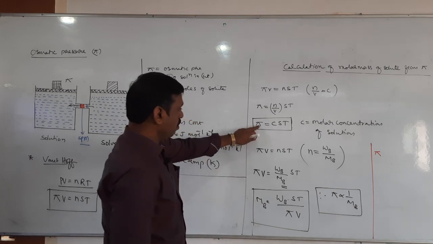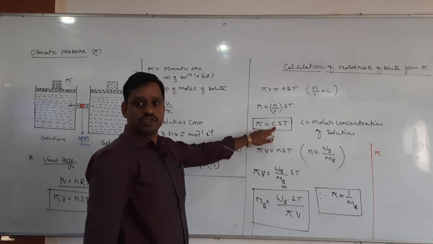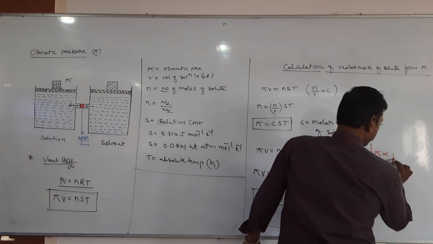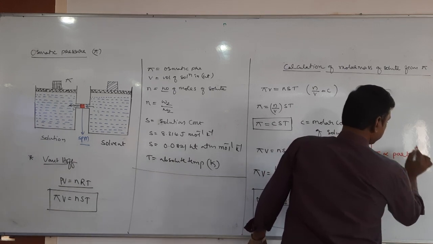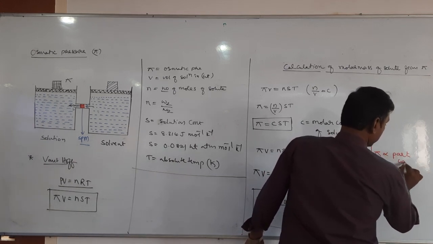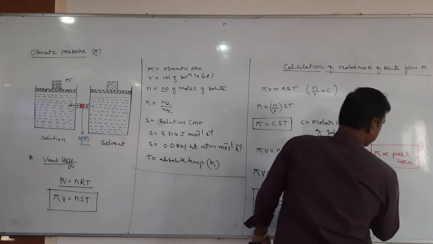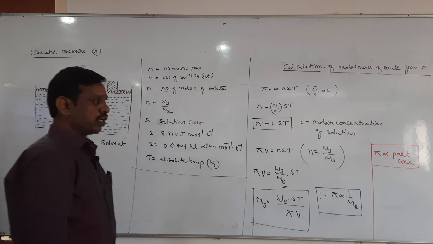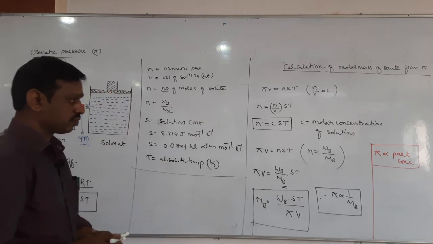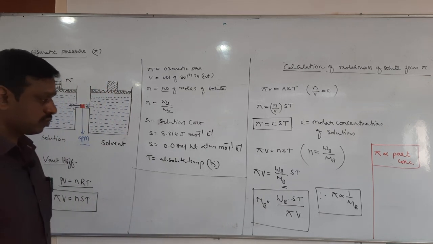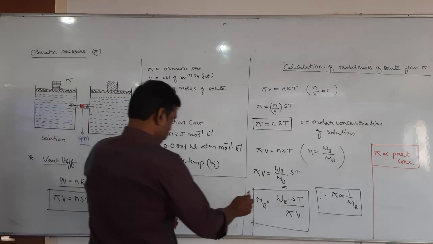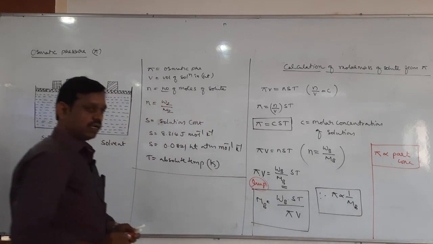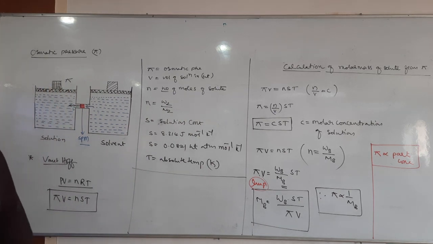So here also, pi is directly proportional to particle concentration. So the higher the particle concentration, the more will be the osmotic pressure. Right? So this is the important formula to calculate the molar mass of the solute.